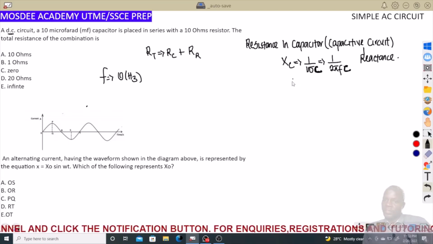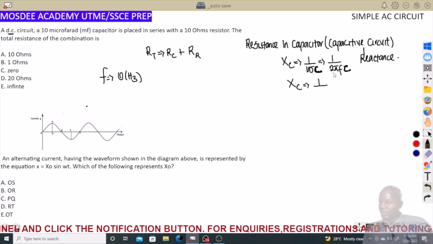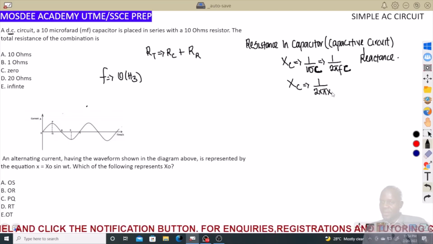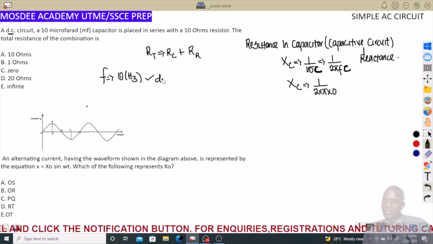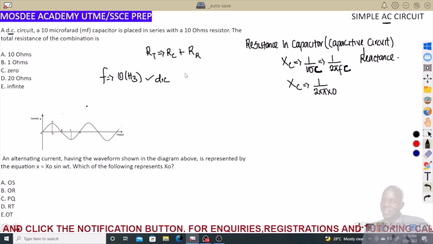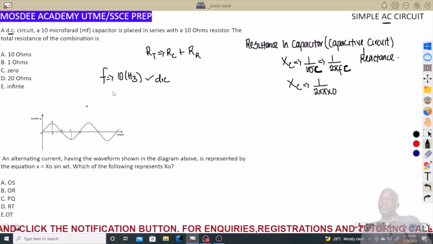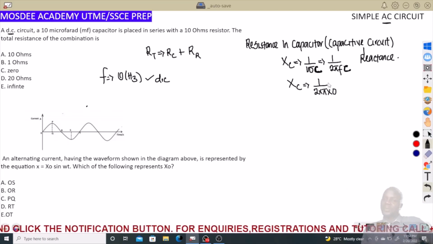So if I want to get Xc, it is 1 over 2 times pi multiplied by 0. Why is it 0? Because it is a DC. All we're talking about is an alternating current source. A DC doesn't have an angular frequency or a frequency of flow, so keep that in mind.